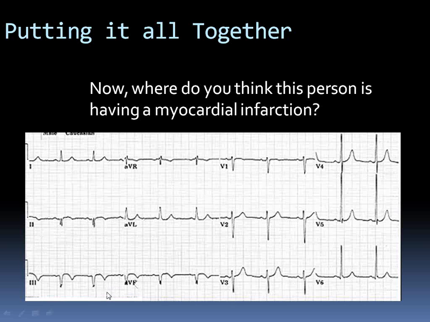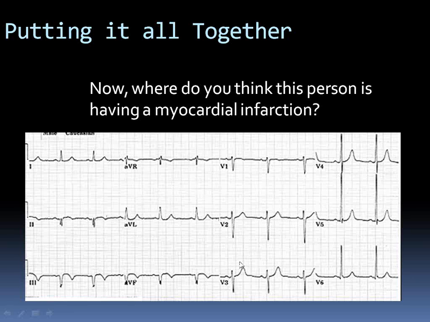The other one is a pure lateral myocardial infarction, which is lead 1 and AVL. Those two types of MIs can sometimes be notoriously subtle. In this ECG, it's difficult to appreciate, but there is a little bit of ST elevation in lead 3 as compared to the baseline, which you can see over here, as well as in lead AVF, just a little bit, and just a little bit in lead 2.